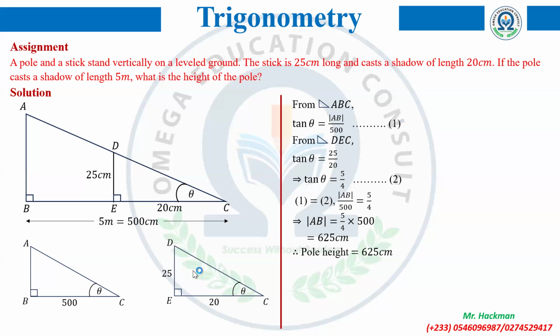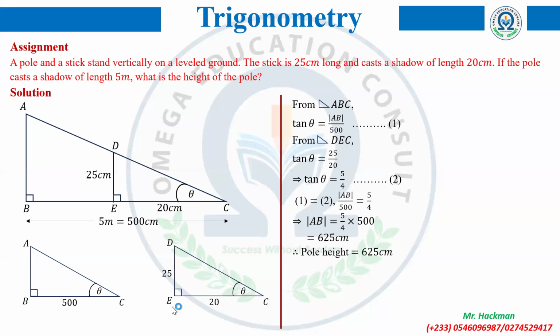Now take my second right angle triangle, DEC, which is this one. The angle here has its opposite as 25 and its adjacent as 20.